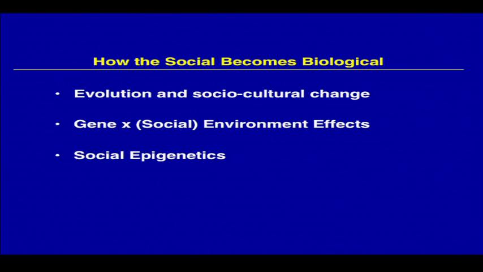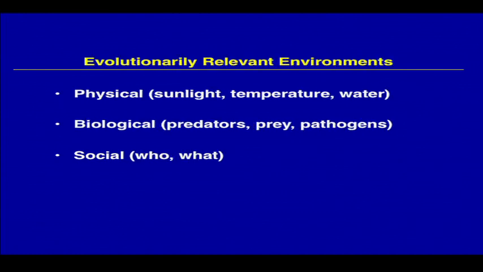A second idea has to do with gene by environment, or specifically social environmental effects, how social environment might modify or regulate the expression of our genes or interact with the expression of our genes. And lastly, we'll consider a very nascent and interesting field, at least to me, of social epigenetics, how social factors might regulate the expression of our genes.